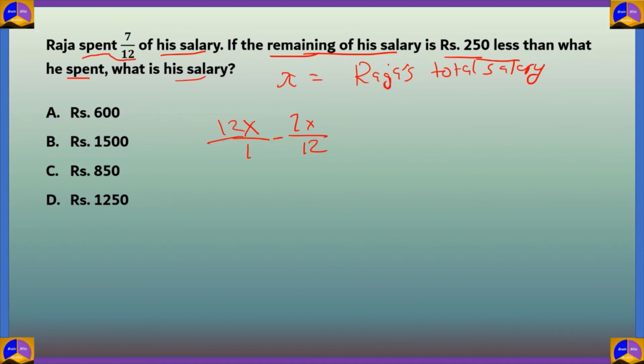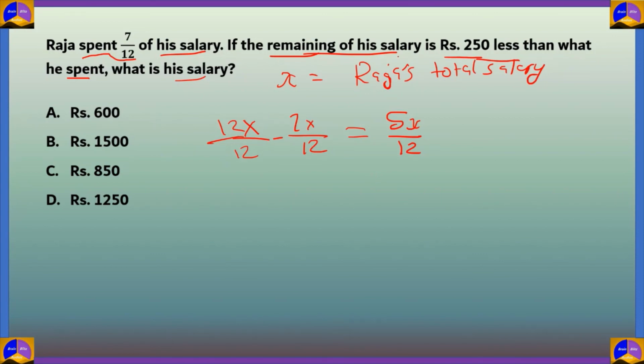Now equals 12x by 12, since 1 times 12 is 12. So when we convert it to like fractions, we get 12x by 12 minus 7x by 12. Now 12x minus 7x will be equal to 5x by 12.